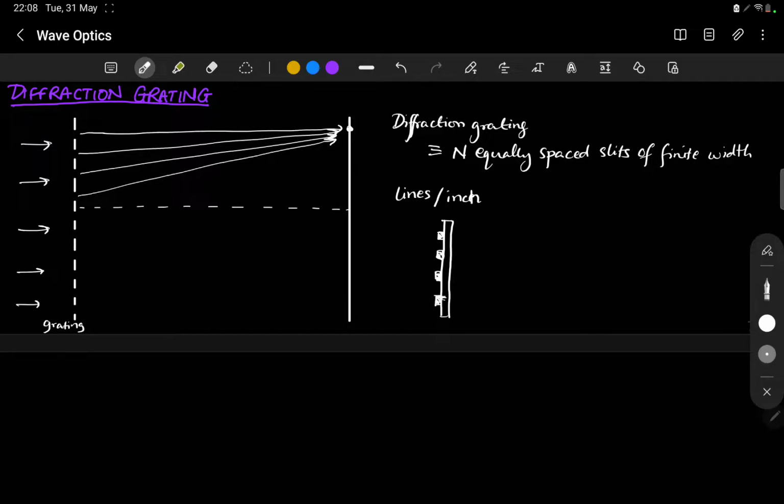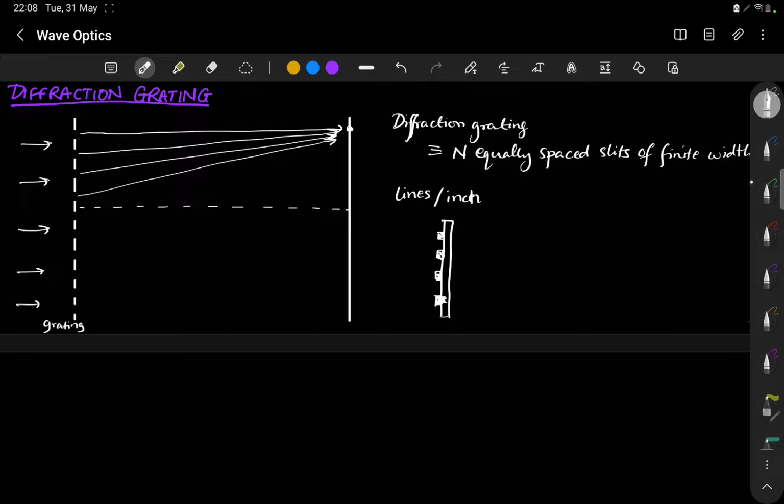So passage of light would be through this transparent part, and then light will get blocked when it hits the lines. So this is a basic diagram of a diffraction grating.